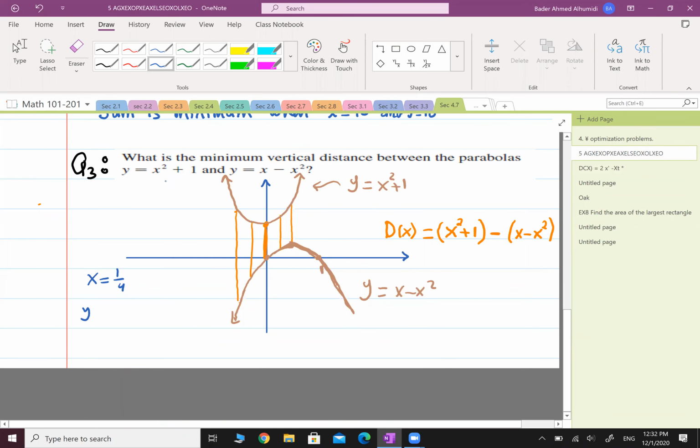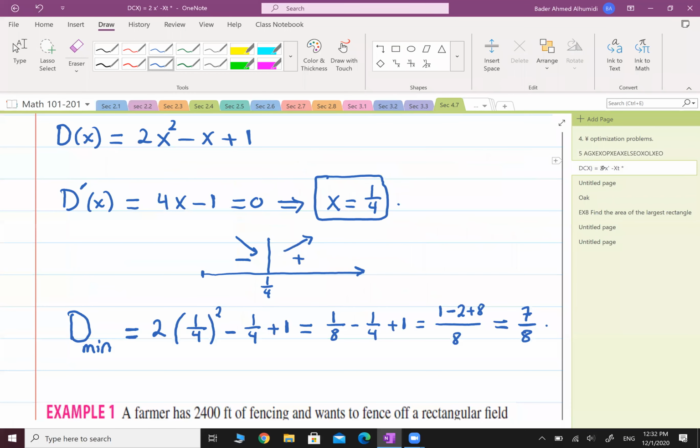The y coordinate will be 1/16 plus 1. What is the vertex? You remember 1/2, right? So it seems that the shortest distance will be found exactly at x equal to 1/4. And the value of it is just 7/8. I hope the idea of the question is clear for you and how to solve it also.